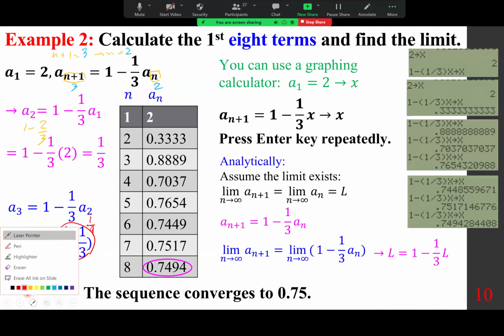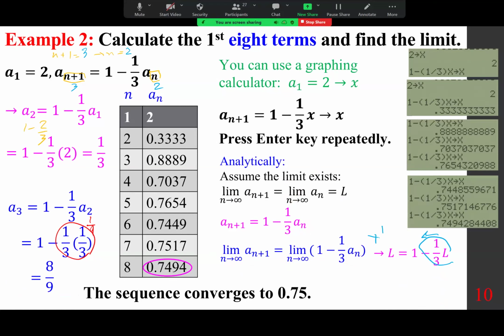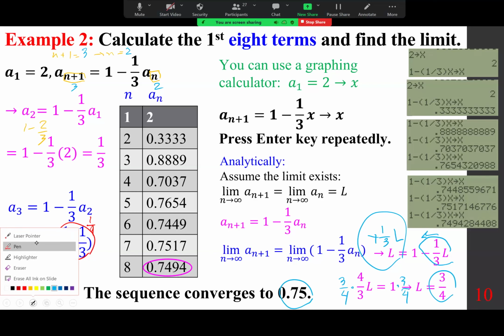I am going to move this and make it positive, 1/3 L on the left side, and they add up to 4/3 L. And if I multiply this one by the reciprocal 3/4, then I find L to be 3/4, and everybody knows 3/4 is the same as 0.75.